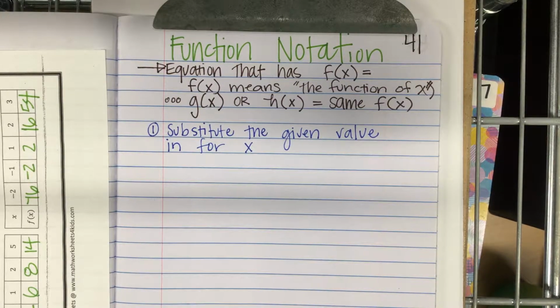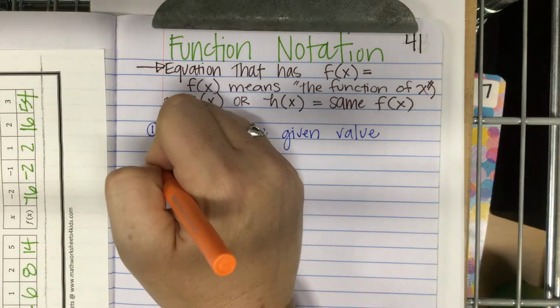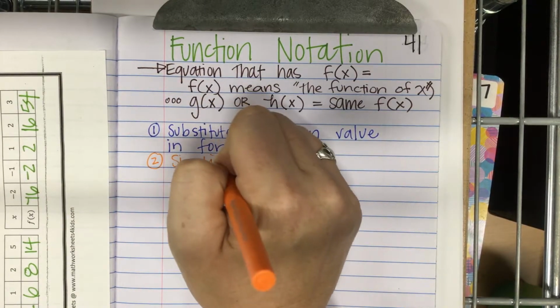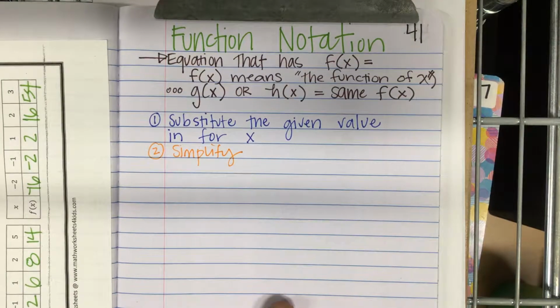So you substitute the given value in for x, and then you simplify. Sometimes the answer is numerical. Sometimes your answer is going to be a number. But sometimes your answer is a math problem. Sometimes you can't simplify any further.